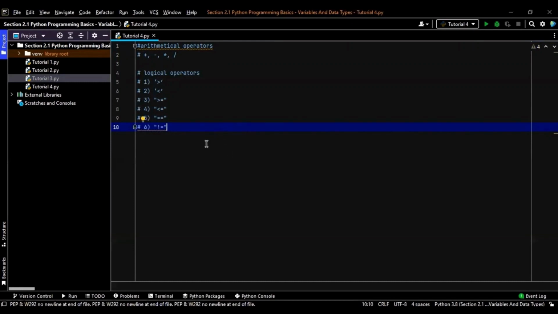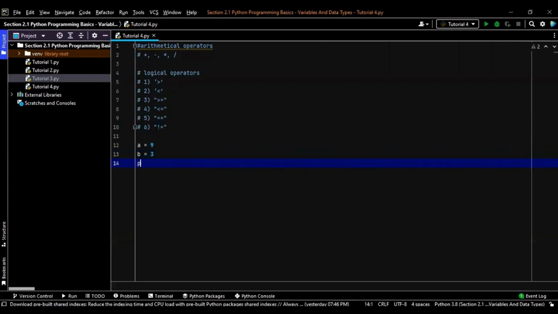So let's test them one by one. Let's first start working with the arithmetical operators and let's see if we can actually add two numbers or not. For that, I'll be taking up two variables, a equal to 9 and b equal to 3, and we need to add these.